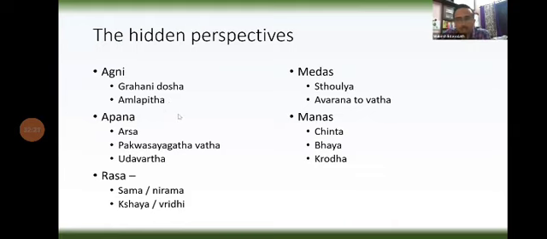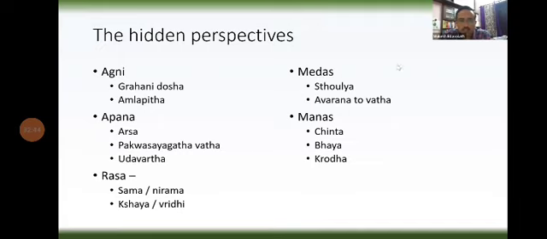Then Apana, I have already told, continuous sitting itself will cause Apana Vaigunya. So don't forget Udavarta and Pakshaghata. Then Rasa is also always Dushita in most individuals because of our irregular dietary habits.